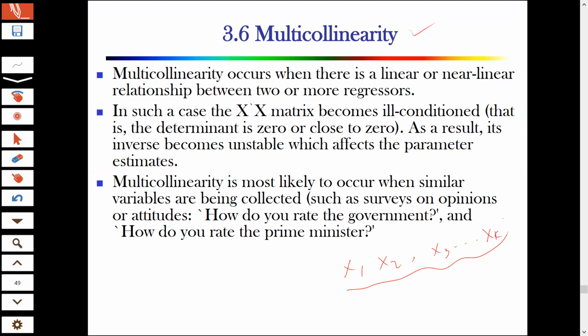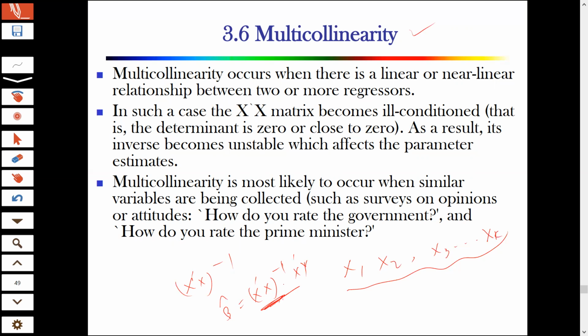As a result, its inverse becomes unstable, which affects the parameter estimation, because the parameter estimate is X transpose X inverse X transpose Y. Since its determinant is 0, this is very unstable, and it affects the estimates of the parameters.